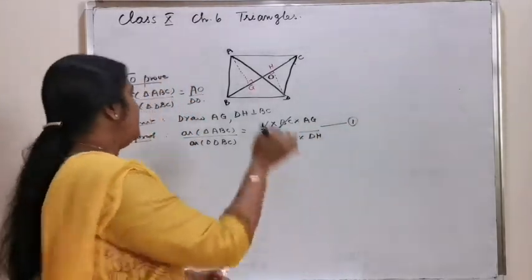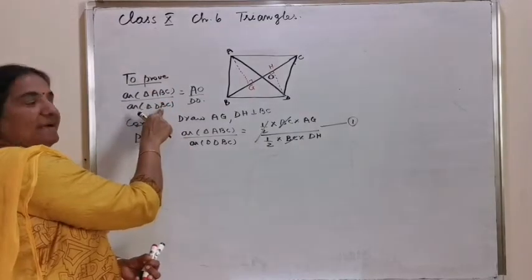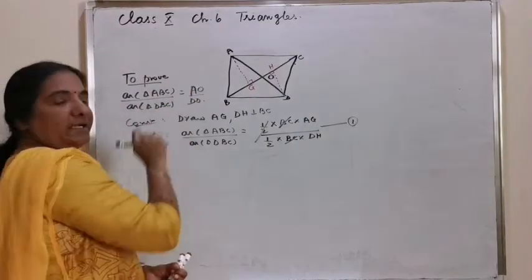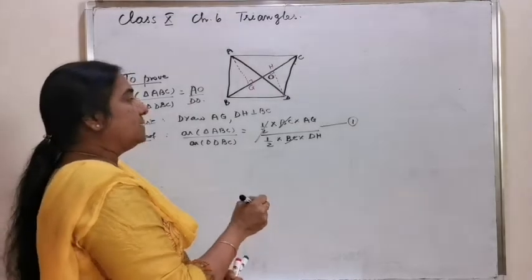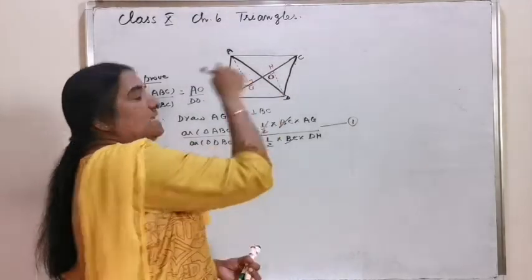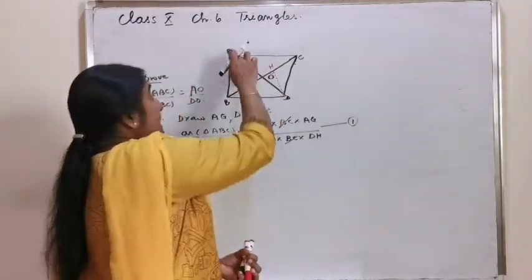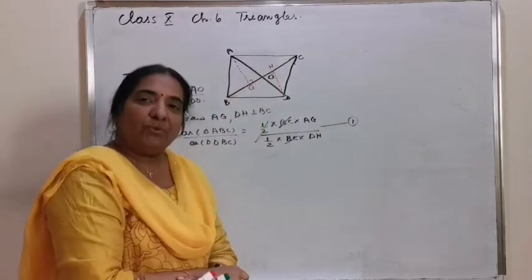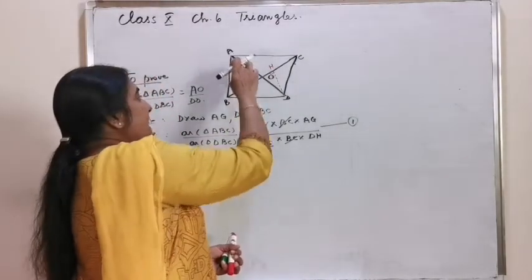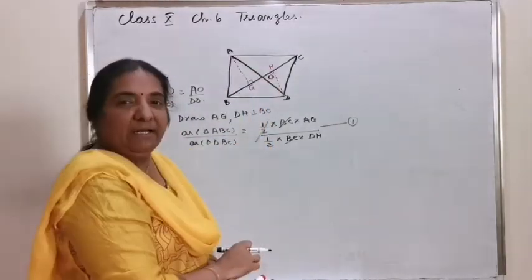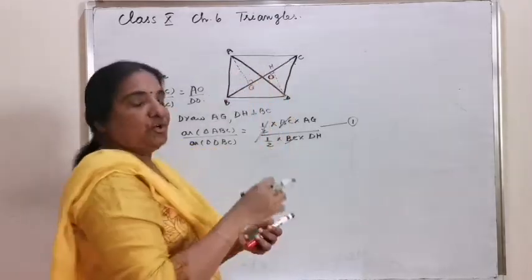Now, to prove area of triangle ABC by DBC is equal to AO by DO, we make sure AG by DH corresponds with AO by DO by proving triangle AGO similar to triangle DHO.